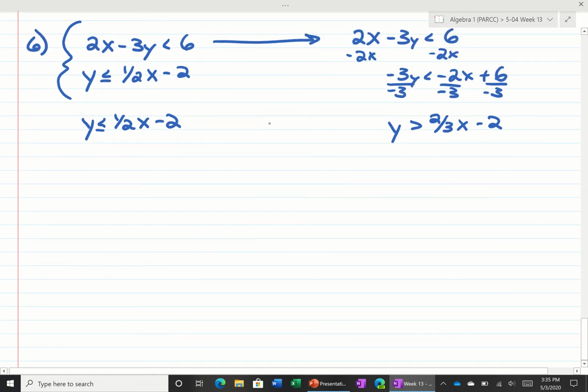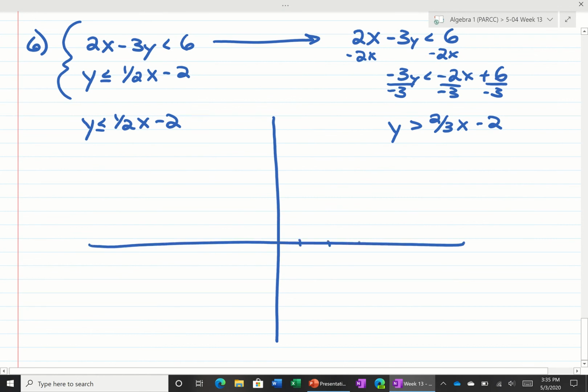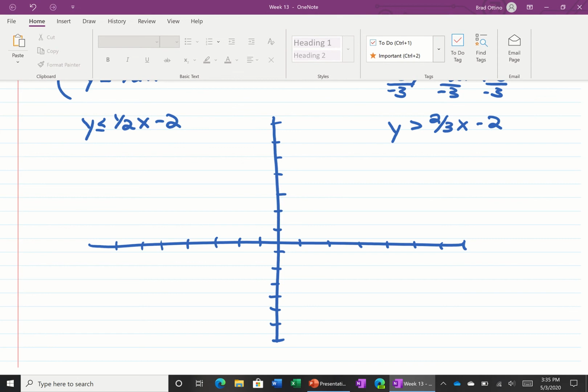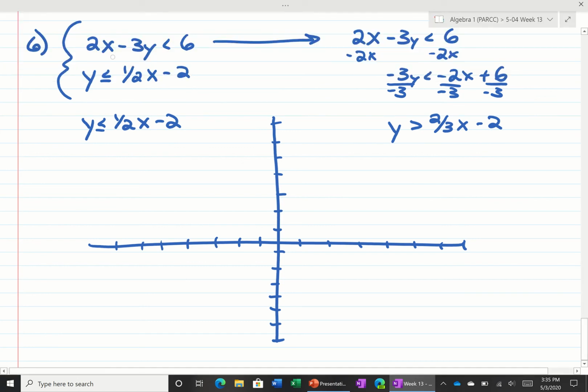And now we're able to graph this. Maybe I'll go 7 out in each direction. And I'll graph using different colors so you could track which one I'm drawing.